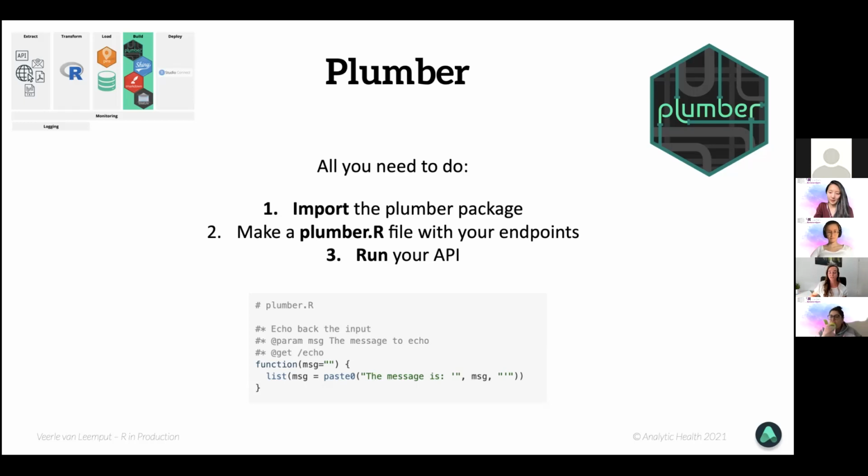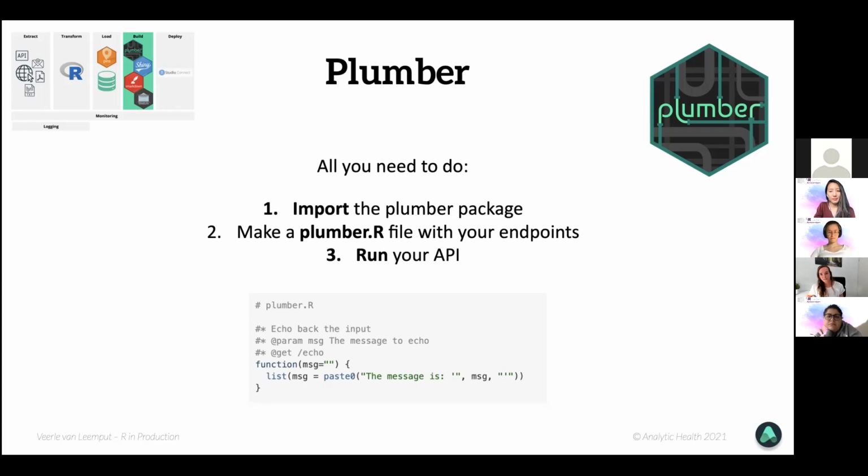That's as simple in RStudio as hitting the button, Run API, and you get redirected to your interface, which is a Swagger interface, where you can easily say, okay, I want to get this data, and then you get it back. So that's a super easy way to already put your code into production, because if you host this URL somewhere, if you deploy it, then people from all over the world can access your R code. It's a great and easy way to get your R code into production.